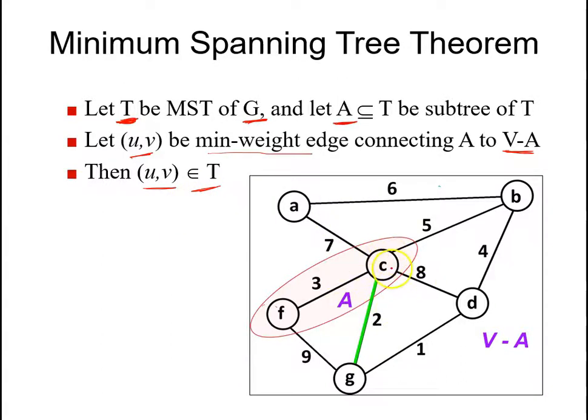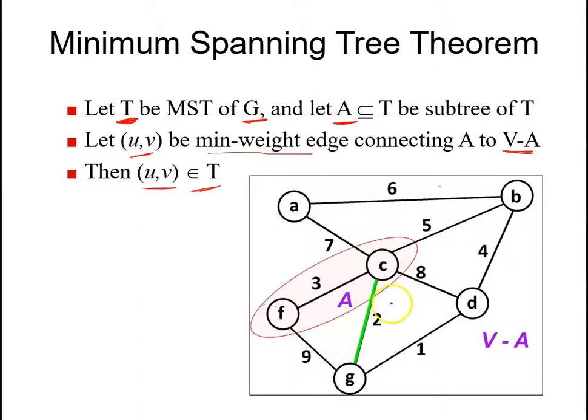Applied to this particular diagram, if we have our set A and it's part of a minimum spanning tree, we are going to identify the minimum weight edge that goes out of this set. Going out of this set, we have this edge with weight 7, this edge with weight 5, this edge with weight 8, weight 2, and weight 9.